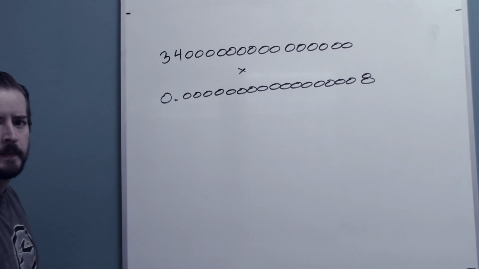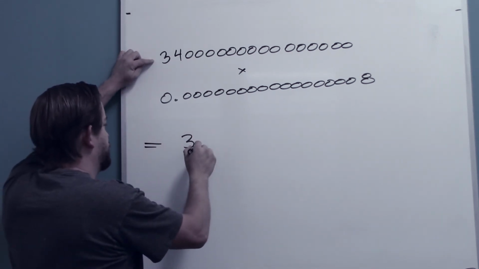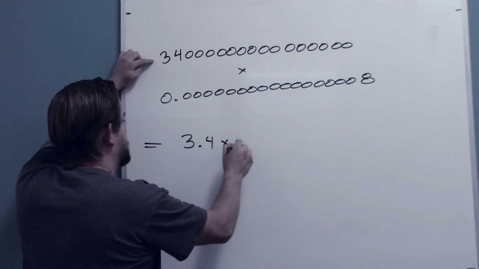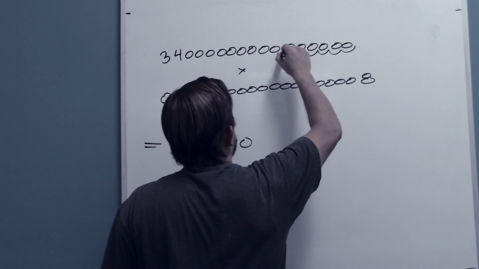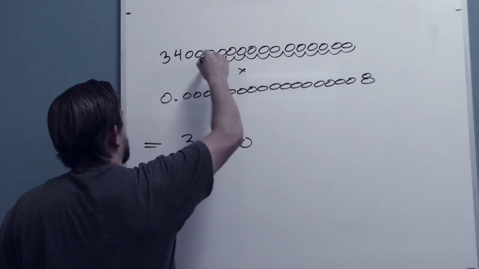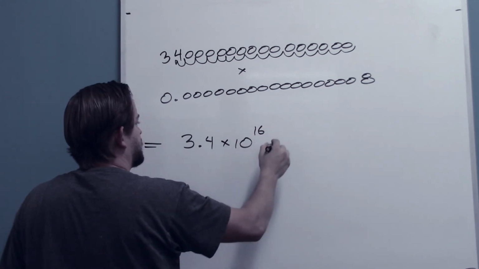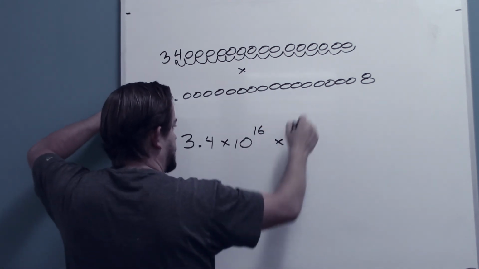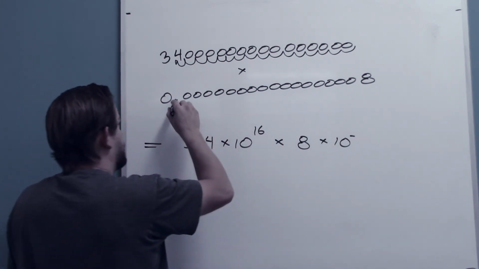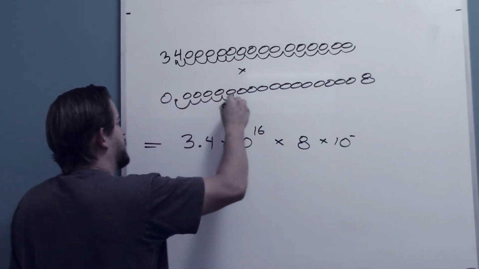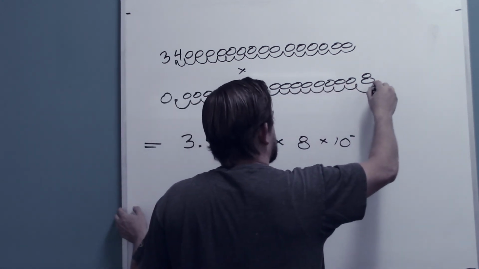Right? This first number written in scientific notation is 3.4 times 10 to the 1, 2, 3, 4, 5, 6, 7, 8, 9, 10, 11, 12, 13, 14, 15, 16, multiplied by 8 times 10 to the negative 1, 2, 3, 4, 5, 6, 7, 8, 9, 10, 11, 12, 13, 14, 15, 16, 17.